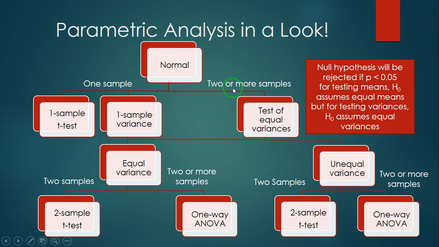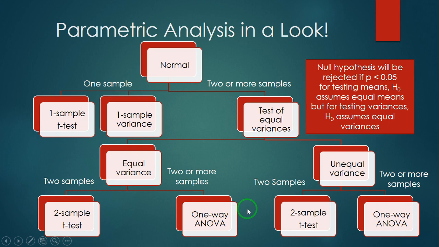And if you have two or more samples, then first you have to test your data to check the equality of variances, and whether the variances are equal or not. Easily, for two samples, choose a two sample t-test for comparing means and one-way ANOVA for comparing the variances.